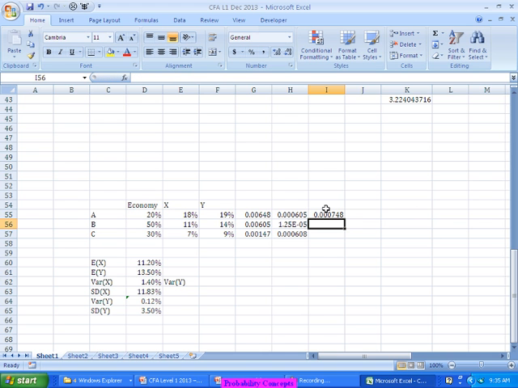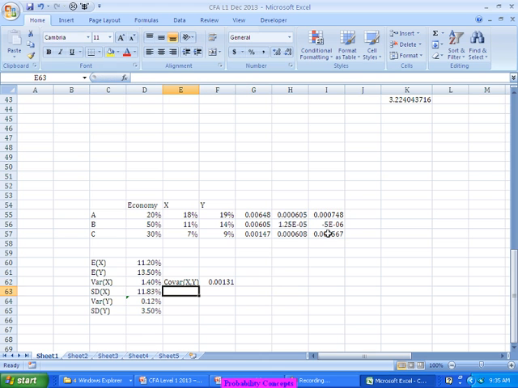So this is my covariance. The covariance between X and Y is the summation of this.